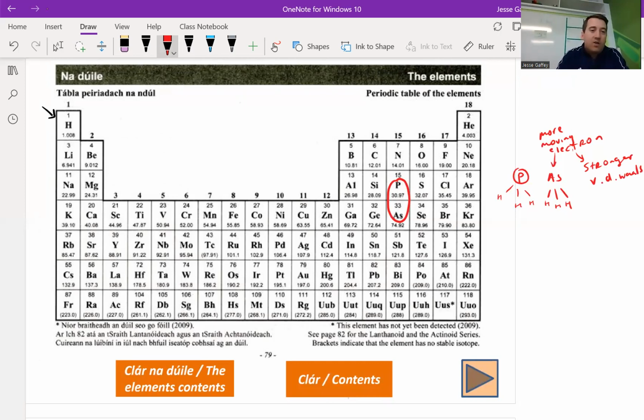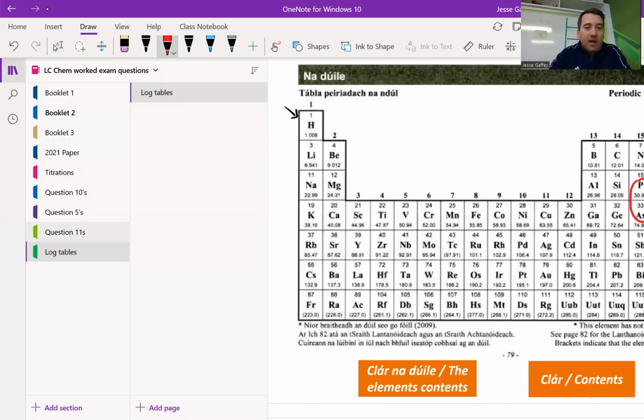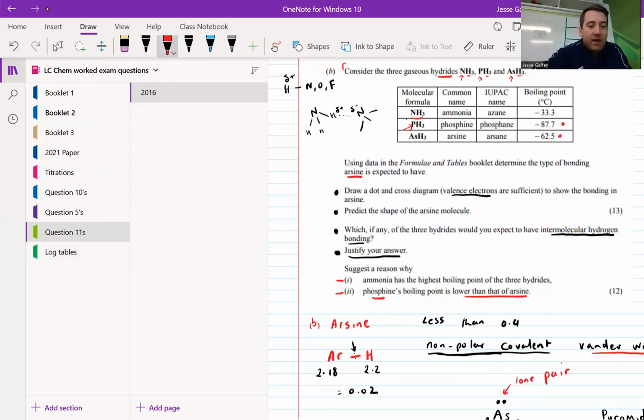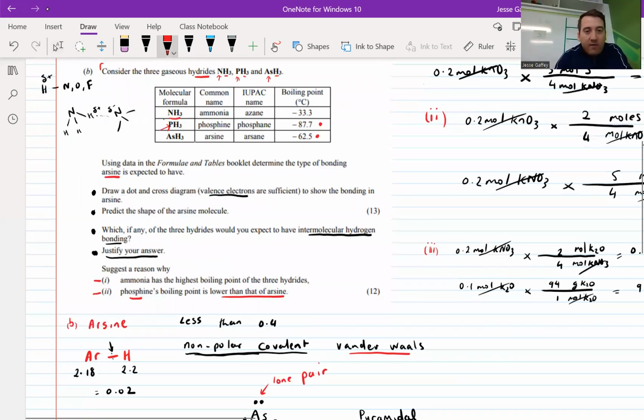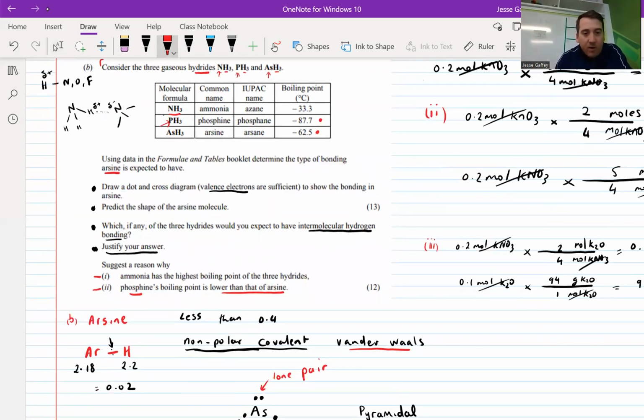So back to the question. Can you now write that down and give a reason why phosphine's boiling point is lower than that of arsine. Pause the video, write that down now.